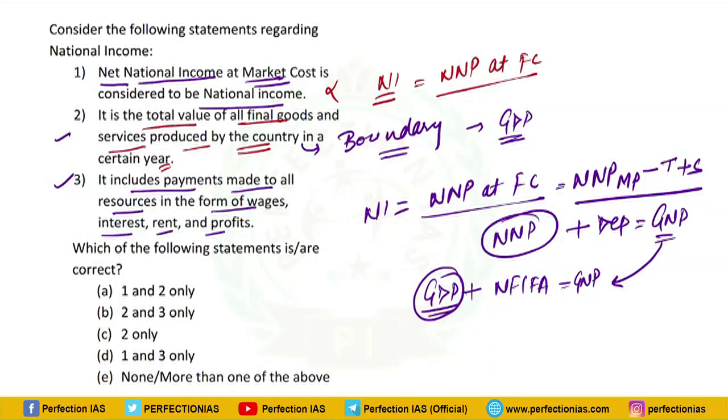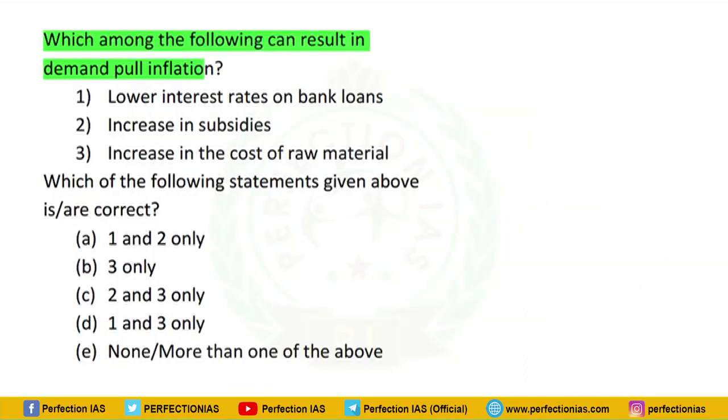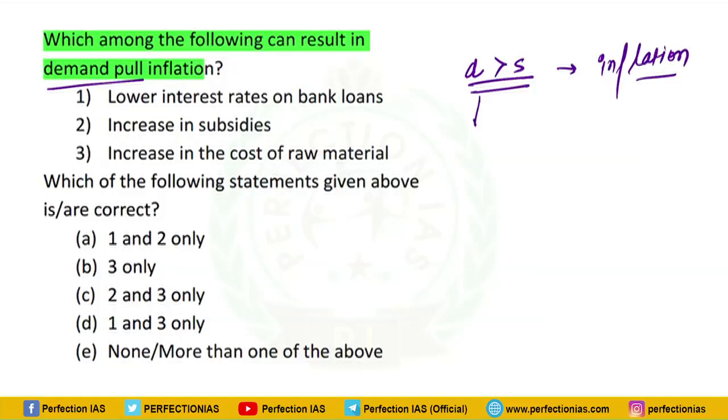First statement is incorrect. Next question is, which among the following can lead to demand pull inflation? Demand pull inflation means demand is greater than supply and therefore it will lead to inflation. Now demand pull inflation will be there when people have more money in their hands, and because of this more money they are demanding more.